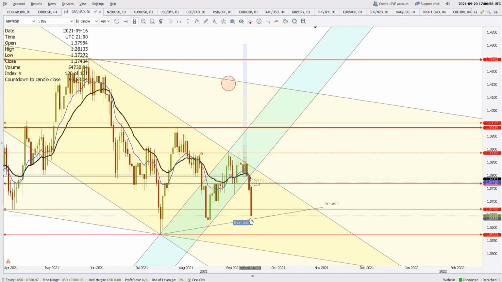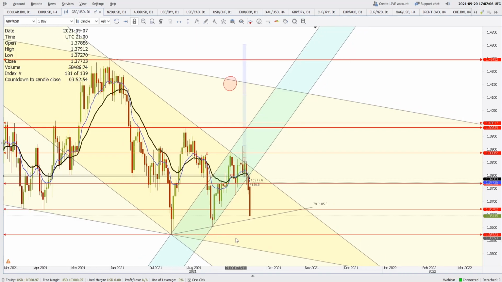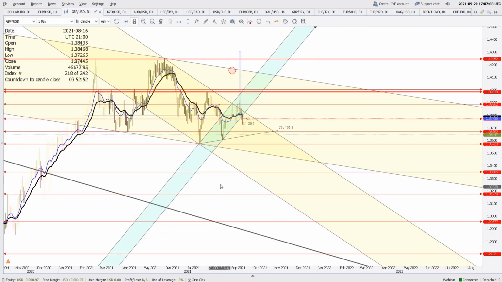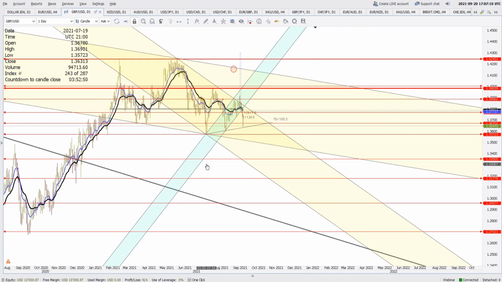If that is broken, then we can test this low at around 1.3602, and if that is taken out on the daily closing basis, we can also see 1.3572. If it is broken, then the next level of support is very, very far away at around 1.3350.